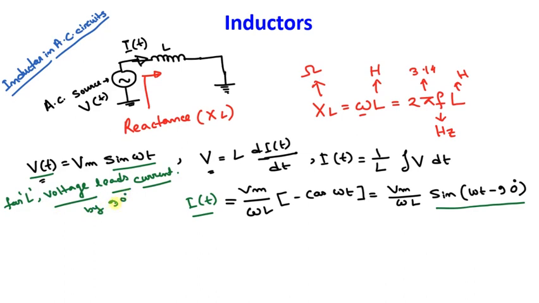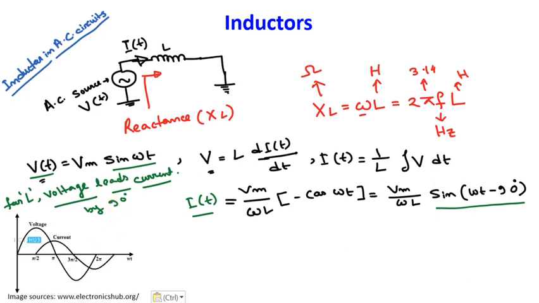Let me illustrate this using voltage and current waveforms. So this figure shows the waveform of both voltage and current across the inductor, right? Where the y-axis denotes the amplitude and the x-axis denotes the time. Okay, and this is the waveform of this voltage starting from time t equal to 0, right? And it is a sinusoidal waveform. So you can see this V of t is Vm sine of omega t, so it is expected to be of this shape.